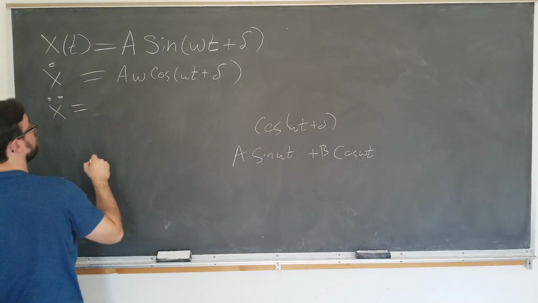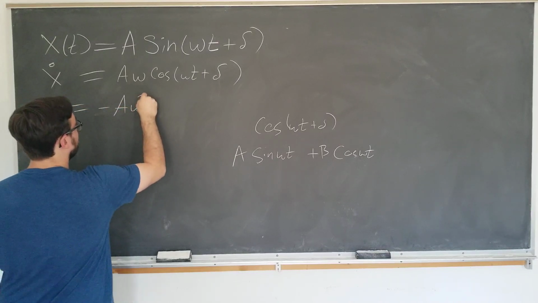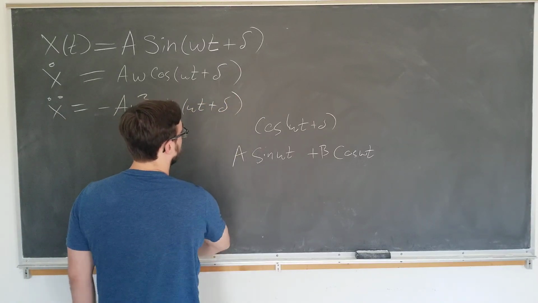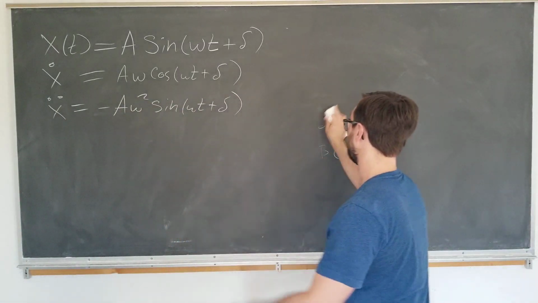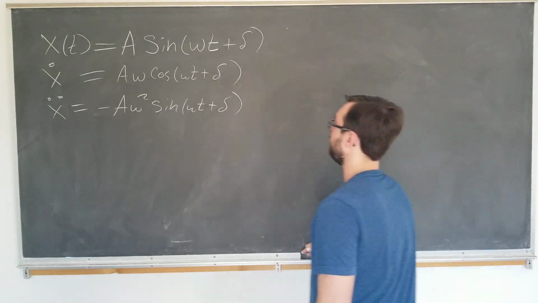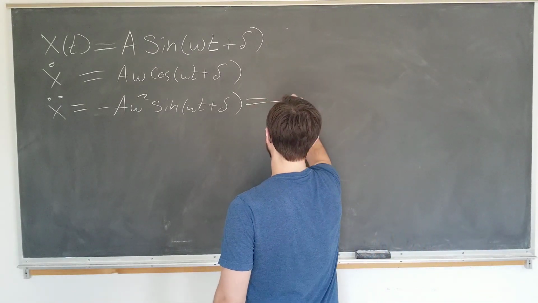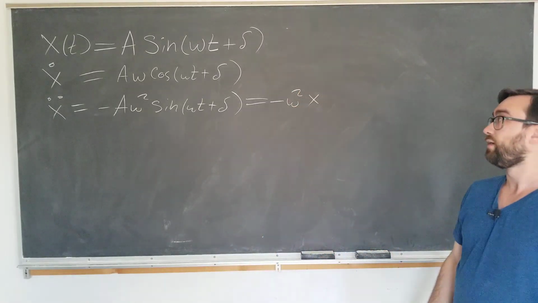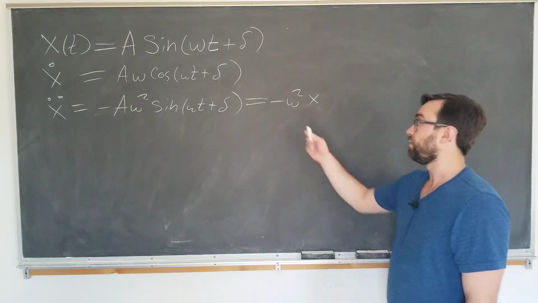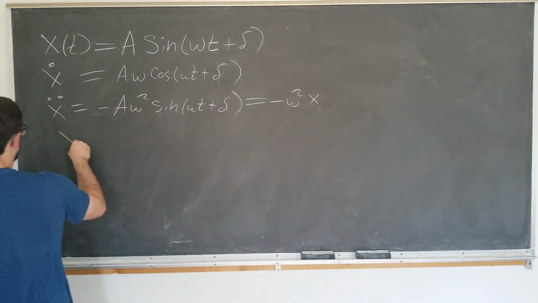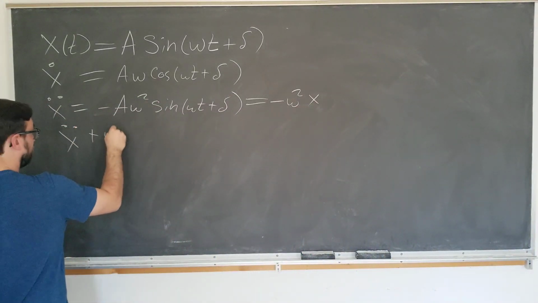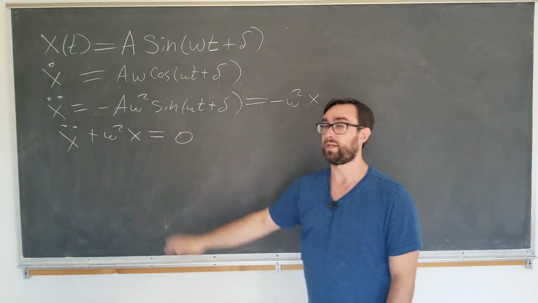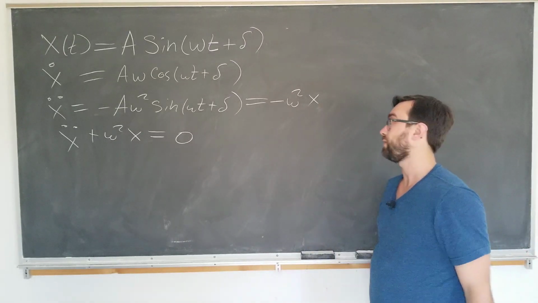The second derivative is going to be minus a omega squared sine of omega t plus delta, which, of course, you can recognize is proportional to the function itself. It's just going to be minus omega squared x. So this shows us that our original definition satisfies the differential equation x double dot plus omega squared x equals 0. And if you wanted to start by defining this as the harmonic oscillator, you can totally do that as well.